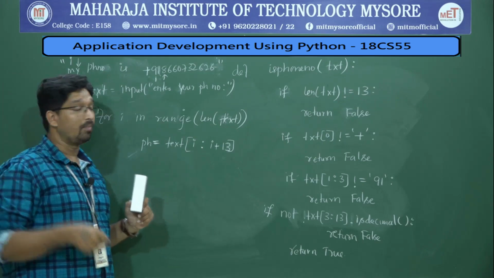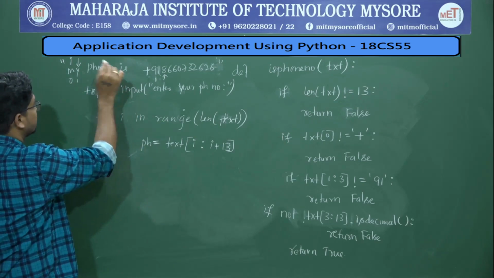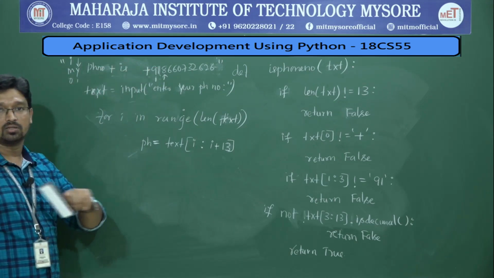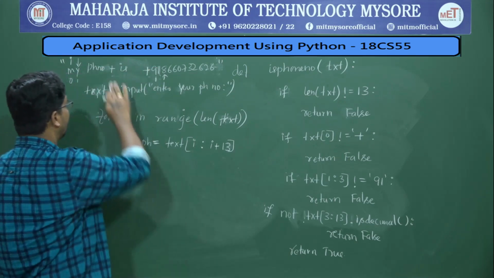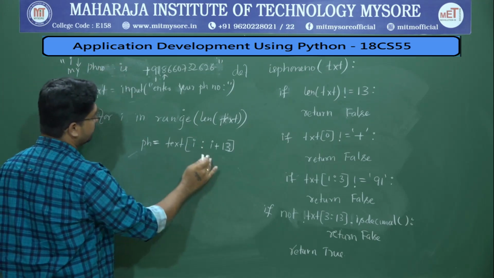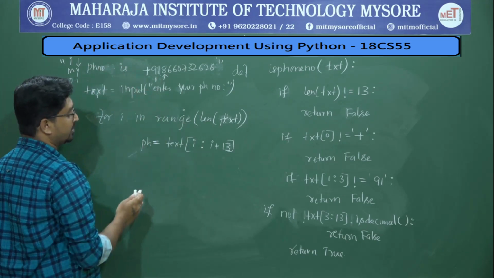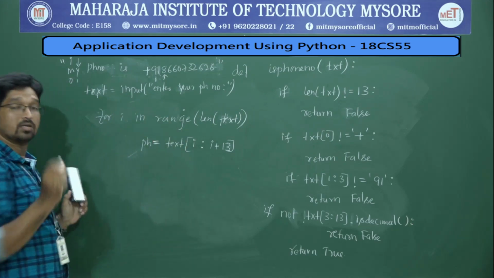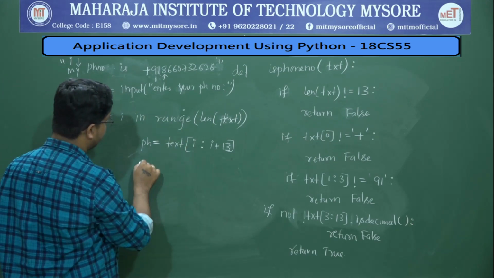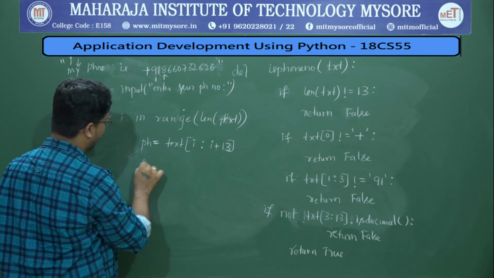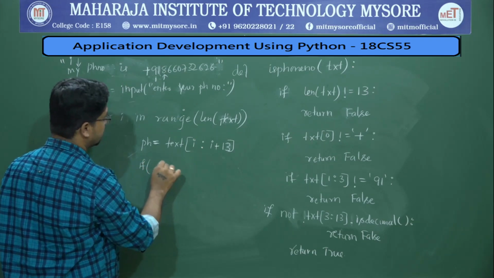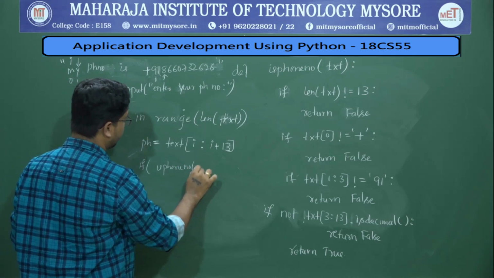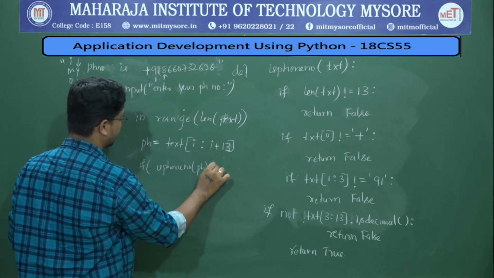But what is the problem? In between, if you have a plus symbol, this will be treated as a phone number. That is not correct. For that, once we get 13 characters, we will check whether it is a phone number or not. For that, I will write again if of is phone number of PH.